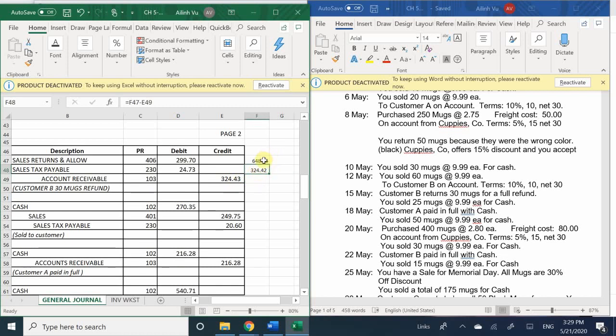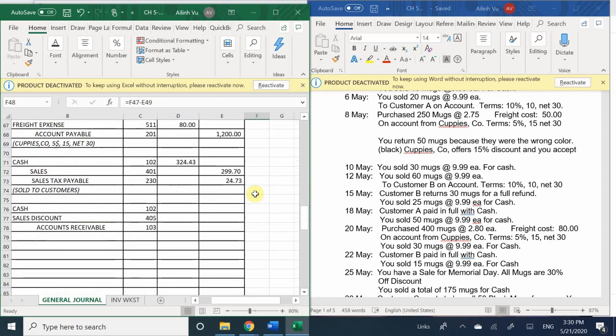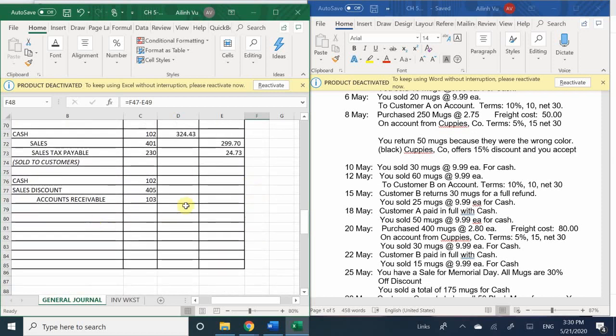Do you not see that? So we recognize that he owes us a total of $324.42. This is how much his accounts receivable is going to decrease by. 324.42 cents.